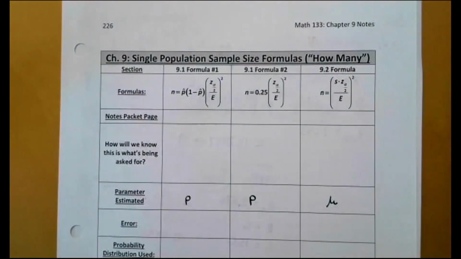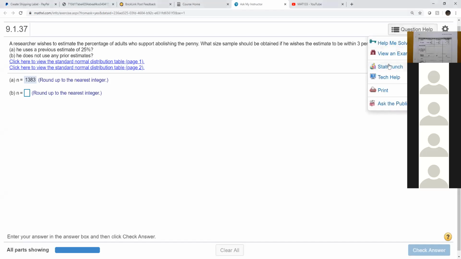Send me that question. Can you do the ask my instructor one so I can see exactly what it is? Is everyone aware of that ask my instructor button? Let me share my screen so you can see it. I'm on 9.2, number 5, and I'm stuck on that.